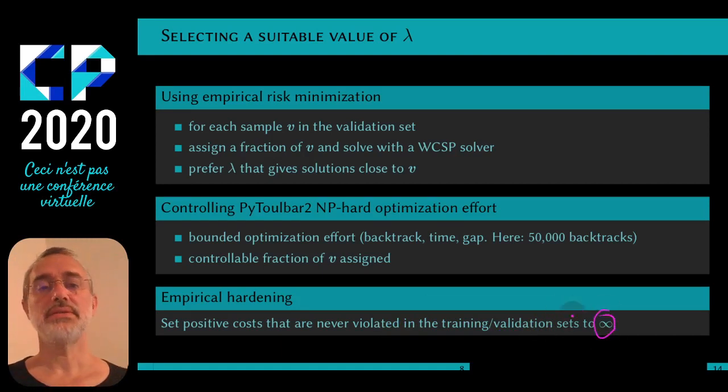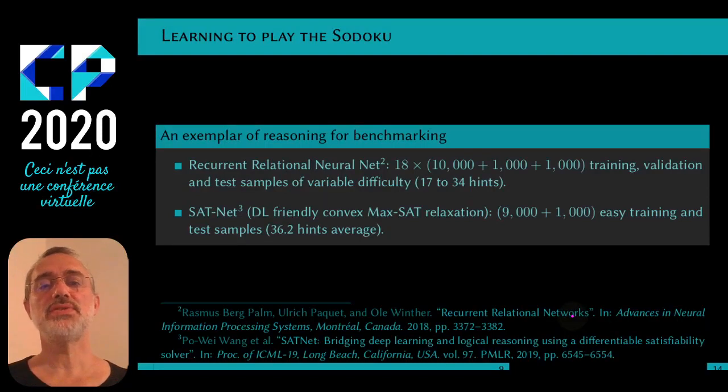And you learn constraints. We apply this first on the Sudoku problem because it's a very well-known problem in CP, but also because it has been used as a benchmark by two recent neural net-friendly approaches. The first one is RRN, the Recurrent Relational Neural Net, with a very nice training, validation, and testing set.